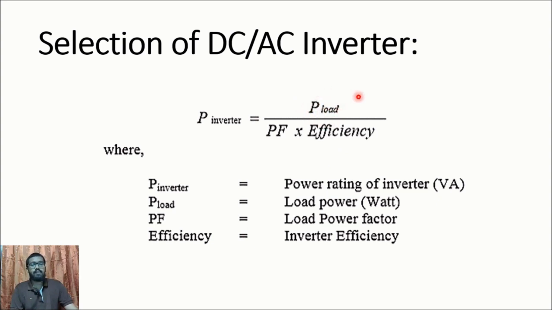And remember again, this is not in watt hour, so you don't have to consider the daily use hour of your AC loads. And PF means the load power factor, that's around 0.8, and efficiency will be around 0.8 we will consider. So you will get the power rating of inverter, which is in volt ampere.